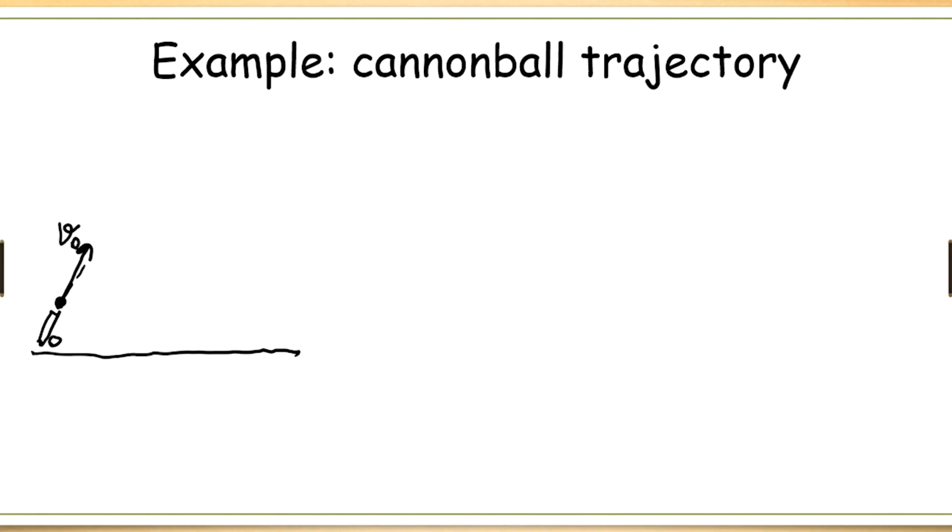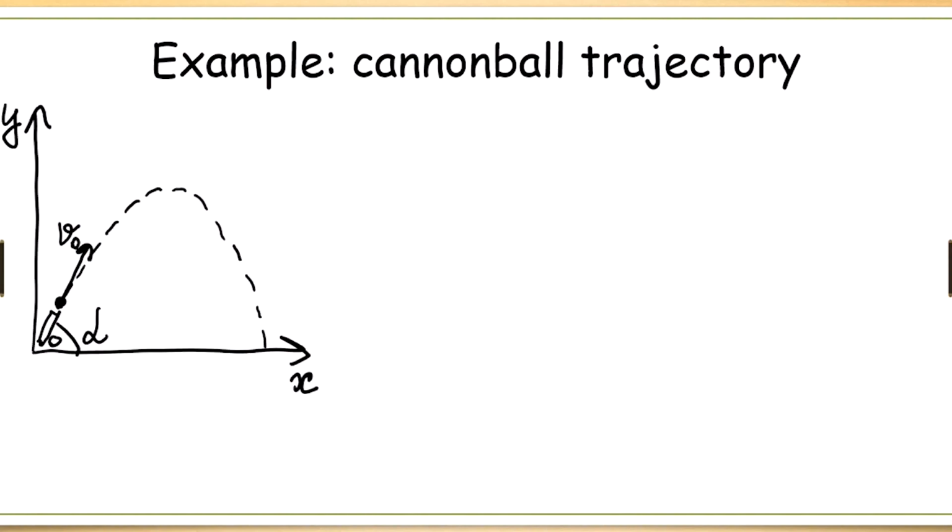Let's consider a cannon shooting a cannonball with a certain initial velocity v naught. Let's define the angle at which it shoots the cannonball as alpha. It's the angle to the horizontal line, to the Earth surface.